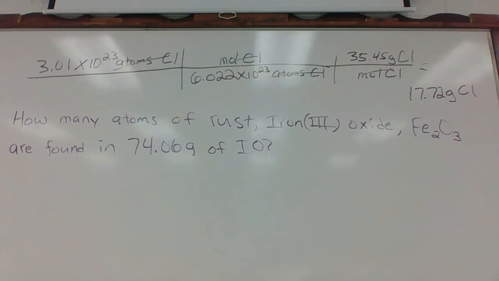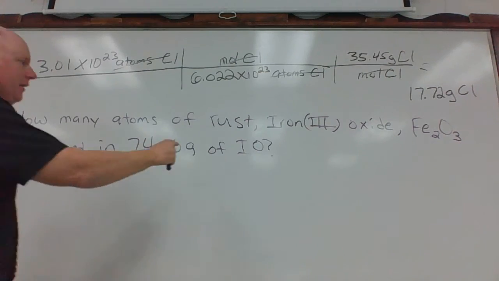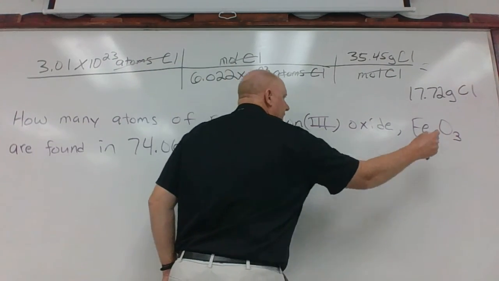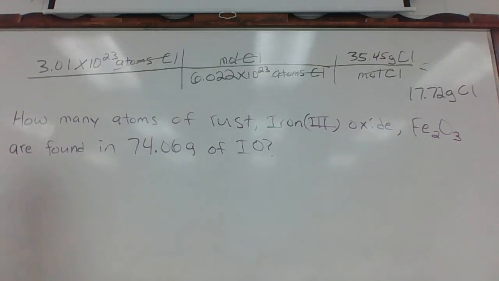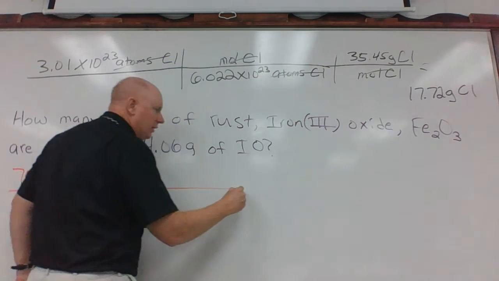Remember, you can abbreviate that just as long as you know that this means that. Okay, there's only one place to start, and that is with 74.06 grams of iron oxide. Okay, so how do we get rid of that gram?